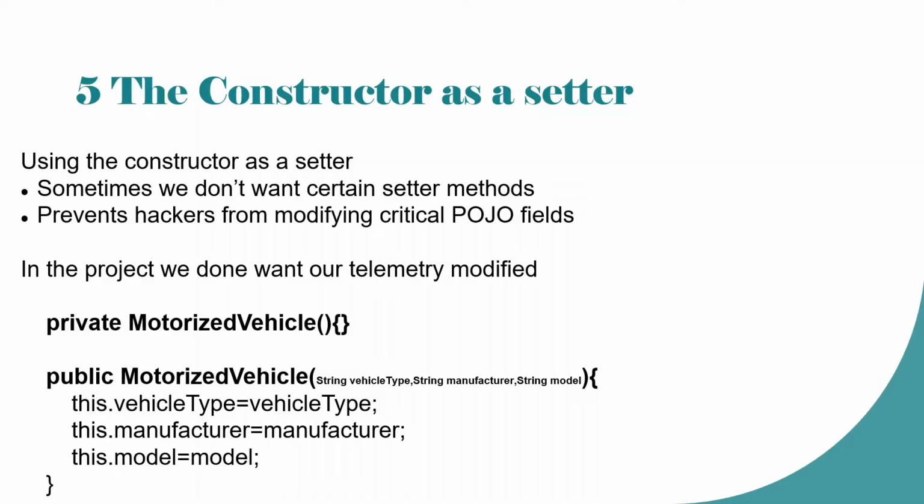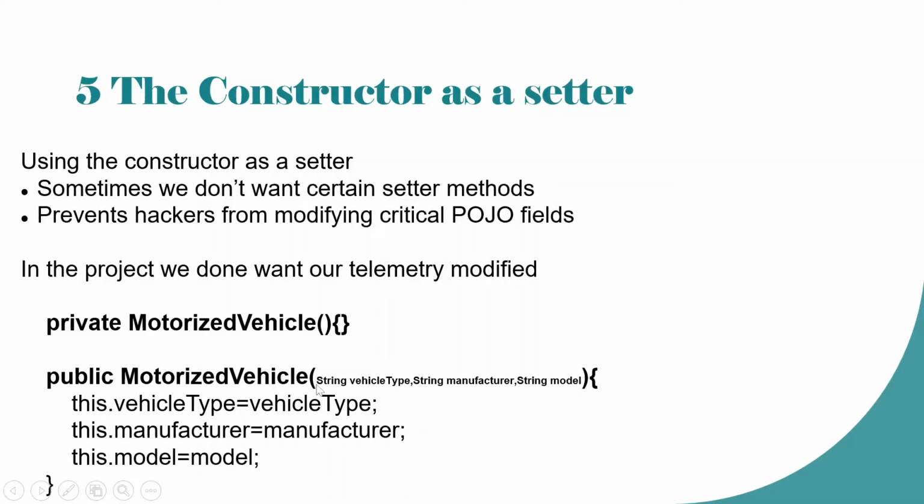And the way we do that is by using a constructor, and we pass the constructor parameters. Now, what we also do is we make the default constructor private. So that means that the hacker can't go and instantiate the object and then, having instantiated the object, set the values, because we don't give access to the default constructor.